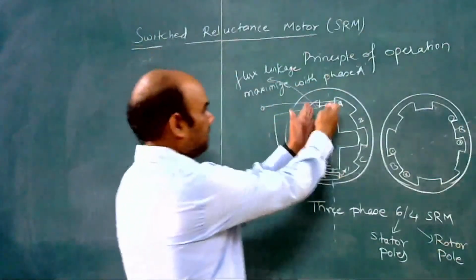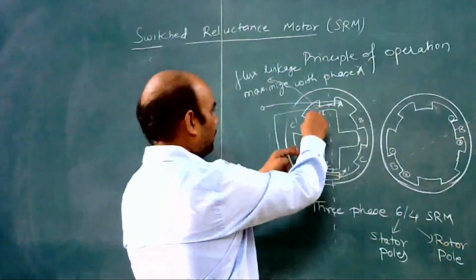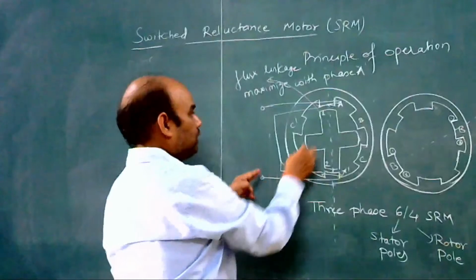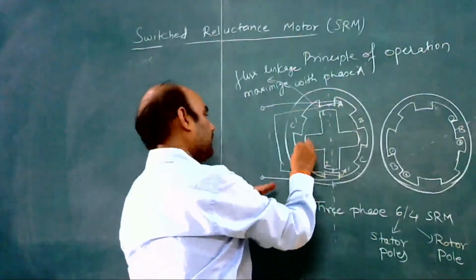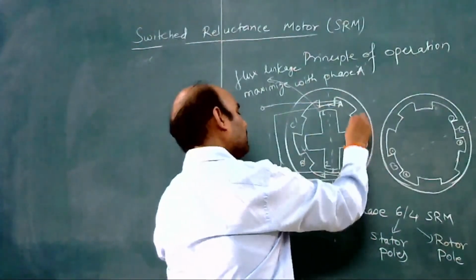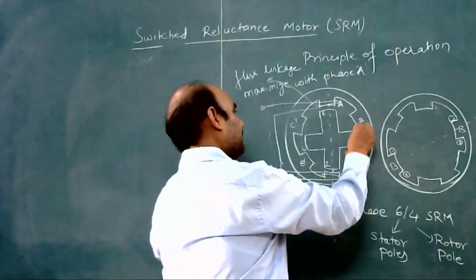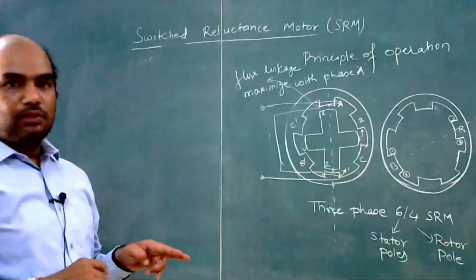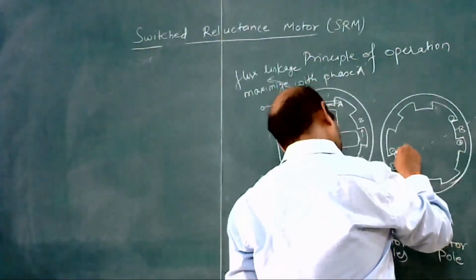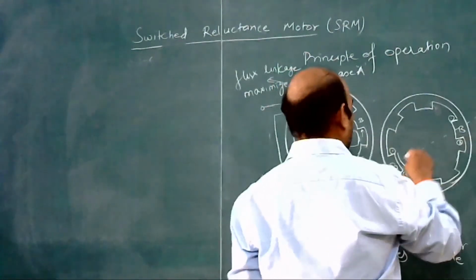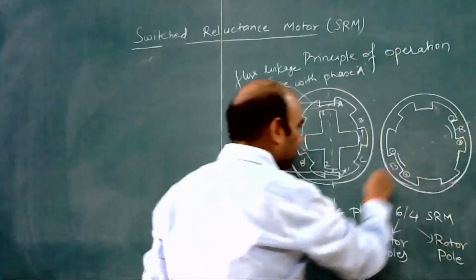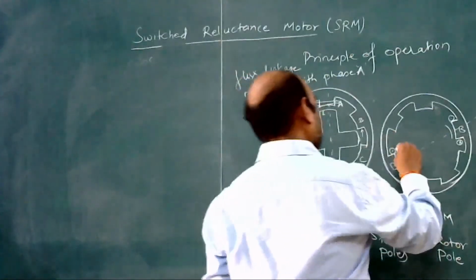Phase B is energized, so this pole of the rotor will get attracted towards B dash, and this other pole will get attracted towards winding B. The rotor will rotate in the anti-clockwise direction and align in this axis like this.